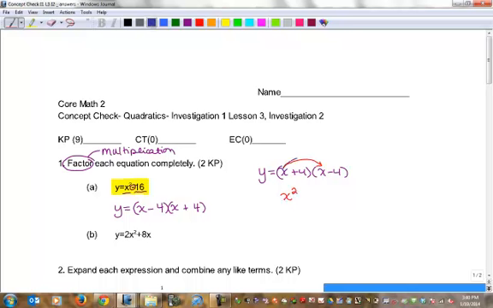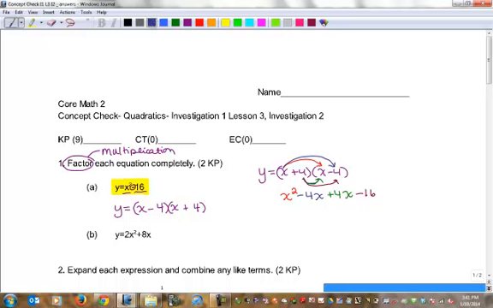I have x times negative 4, which gives me negative 4x. I have positive 4 times x, which gives me a positive 4x. And finally, a positive 4 times a negative 4 gives me a negative 16.